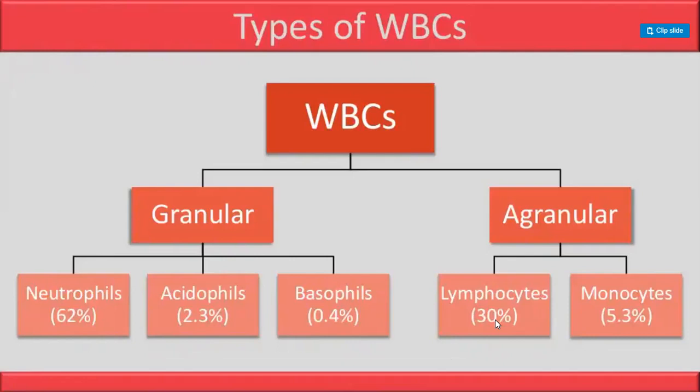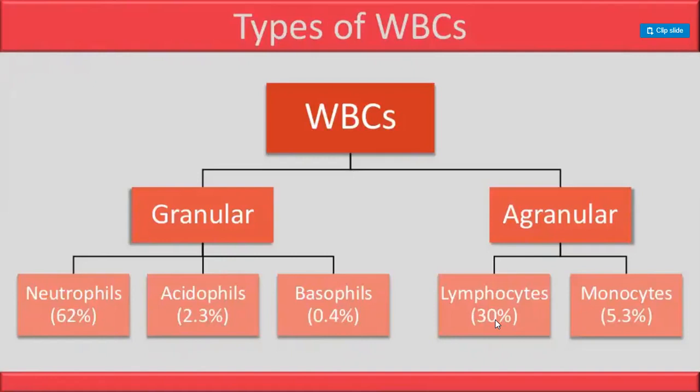And we'll look at the function of each of them later. The lymphocytes are the main immune cells, and they are of two different types, which we'll look at later. We'll have the B lymphocytes and the T lymphocytes.